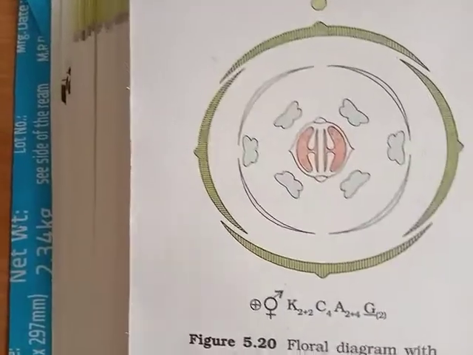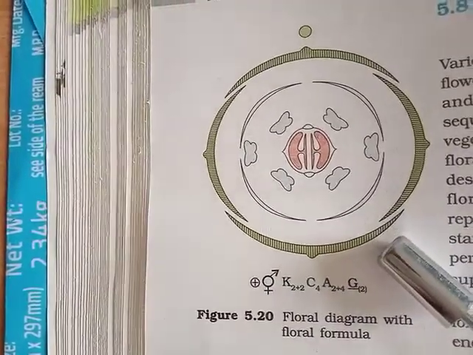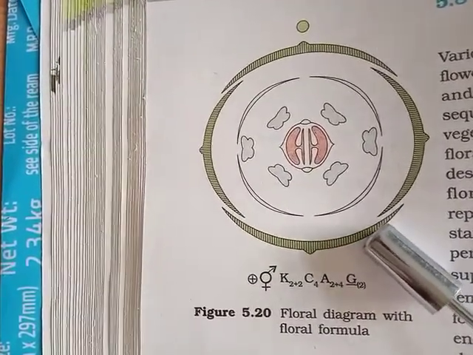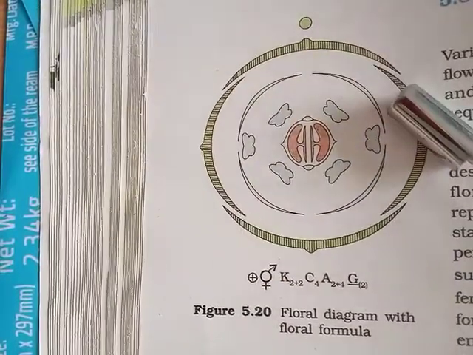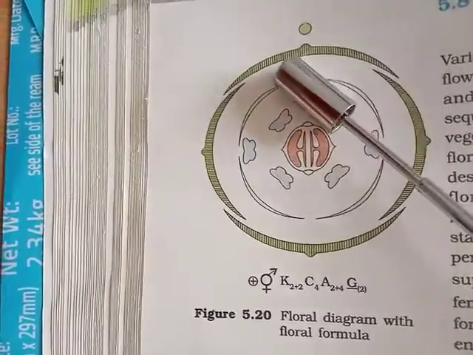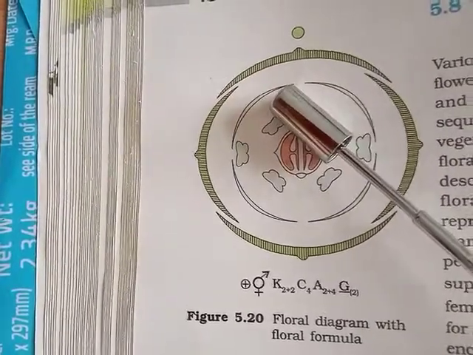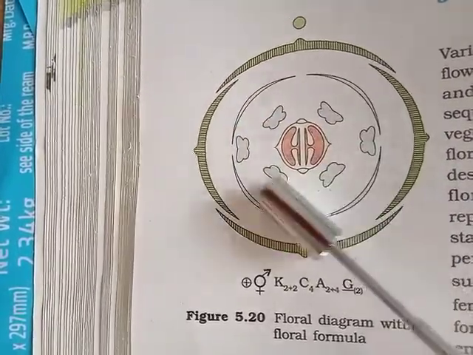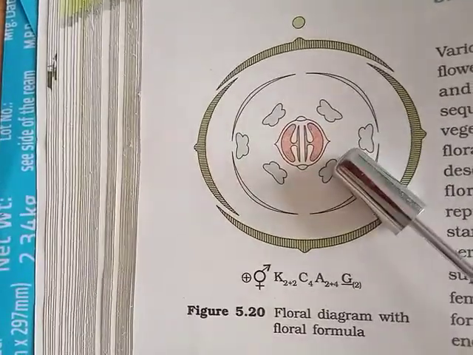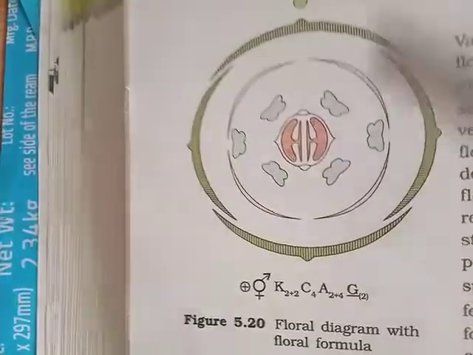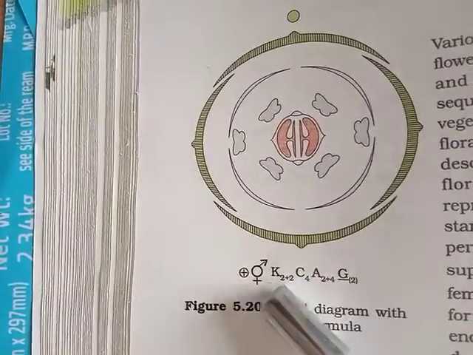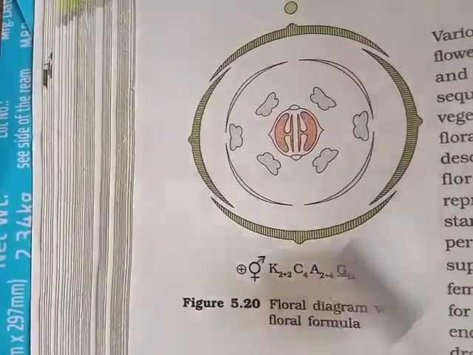As we may observe in the diagram, the floral diagram with floral formula has been shown here. All four whorls are shown in successive order: the outermost showing the sepals, followed by the petals, then the androecium, the stamens, the male part, and the female part, that is the gynoecium, as well as the formula which is called the floral formula.